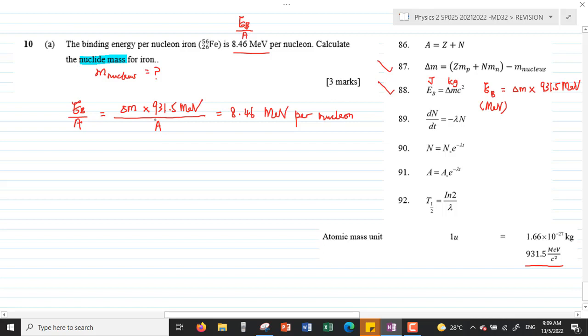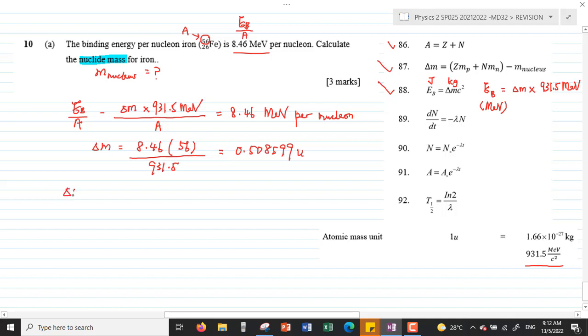I can get the nucleon number by referring to the question: 56 is the nucleon number. So the mass defect equals 8.46 multiplied by 56, divided by 931.5, which is around 0.508599 u.